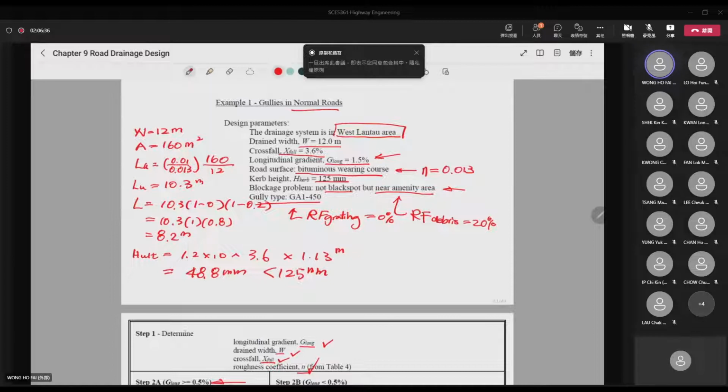And then you will consider the dampness and then the grating of the gauge. Then you will find the design spacing of the gauge. Okay? And then finally, we will check the overflow or the overtopping, whether you can satisfy the requirement.